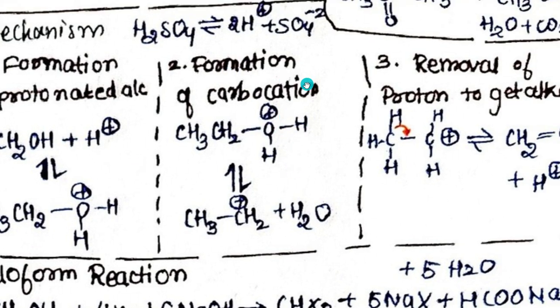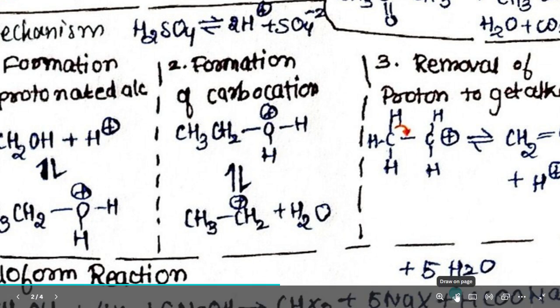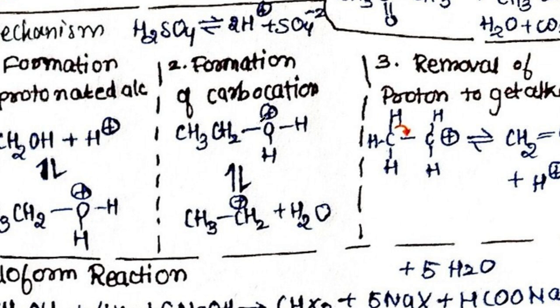Next is the formation of carbocation. The product of the previous step becomes the reactant of the next. So here we have CH3CH2OH plus, and the plus sign is very, very important. In this reversible reaction, it will form H2O by breaking this bond, taking the lone pair of electrons with it.